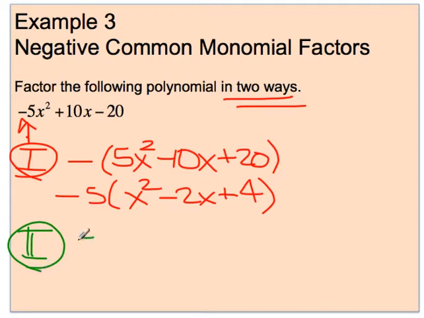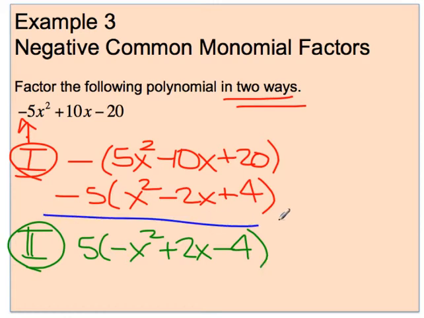Just factor out the 5 and leave it as negative x squared plus 2x minus 4. So when you see that negative in front, realize there are potentially 2 ways to factor the polynomial. You could bring the negative out, or you could leave the negative inside.